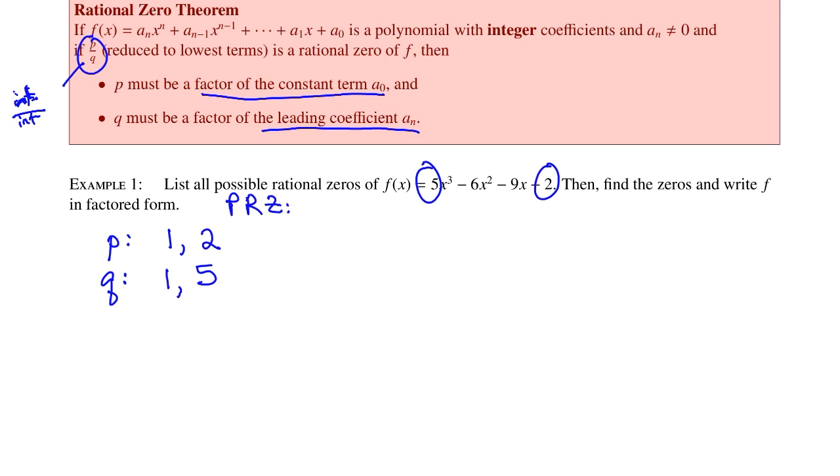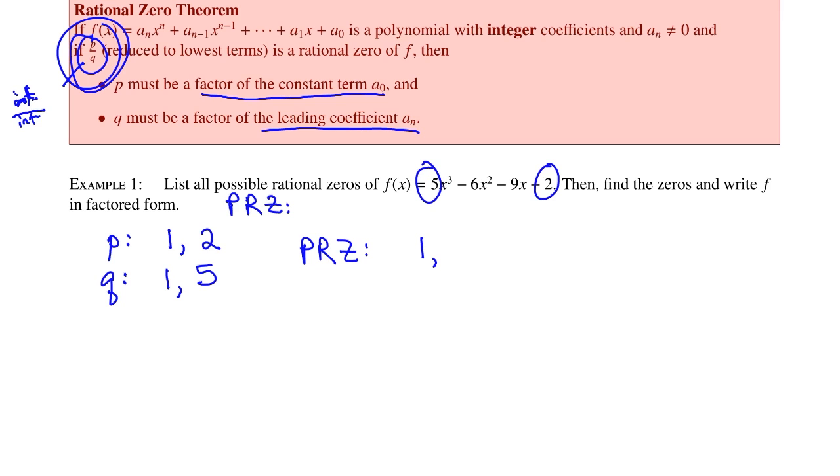And what we do next is we combine these two parts, the p and the q, to form the PRZ, in the form p divided by q. And we just take all possible combinations. My first combination is 1 divided by 1 is 1.